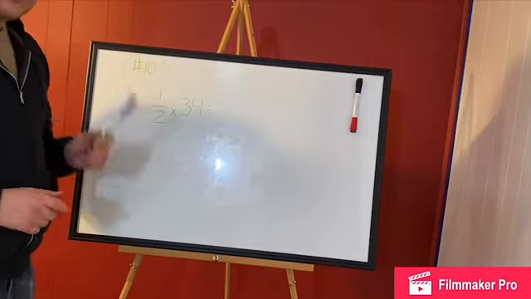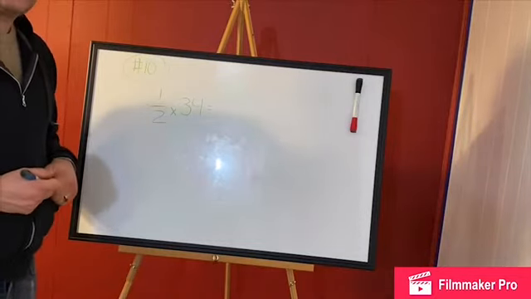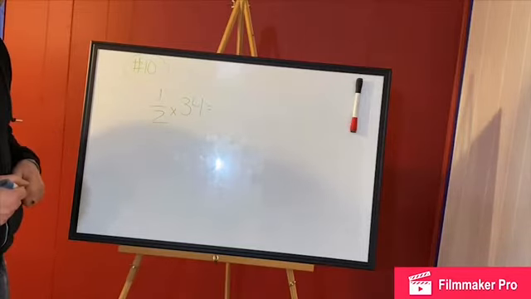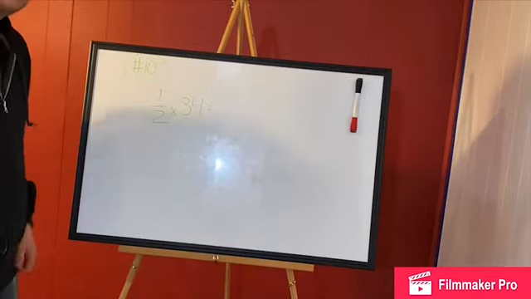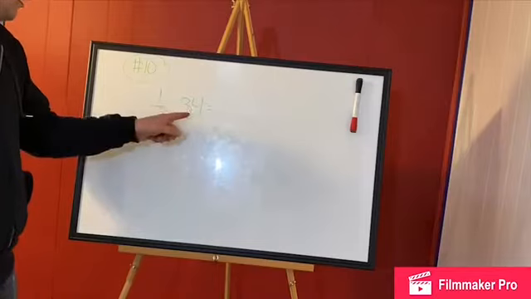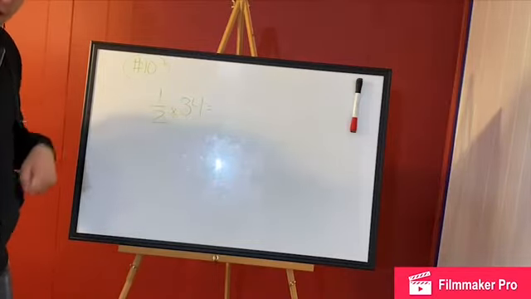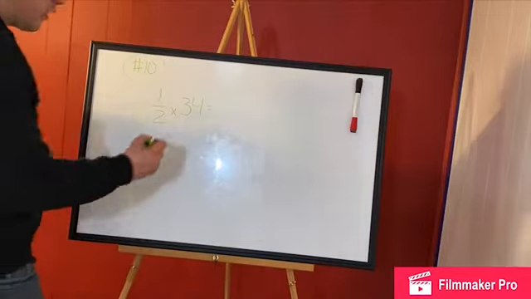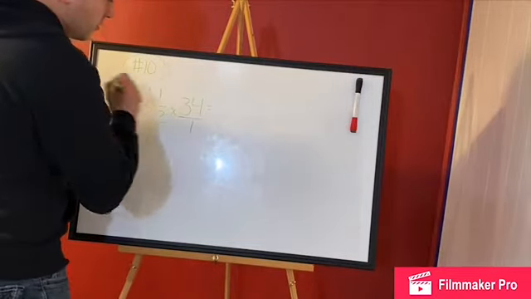Moving on to the last one that we're going to do together on this front page, and that is number 10. We have 1/2 times 34. Again, this is very similar to the one that we just did, except the whole number is after the multiplication sign. So what are we going to do? Just like last time, we're going to change it to a fraction. 34 over 1.